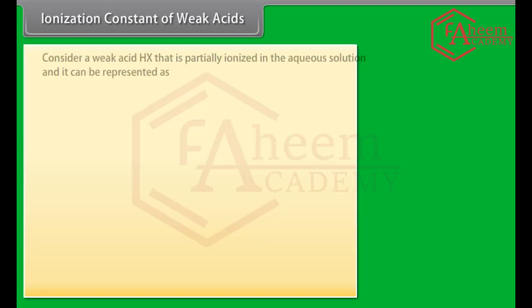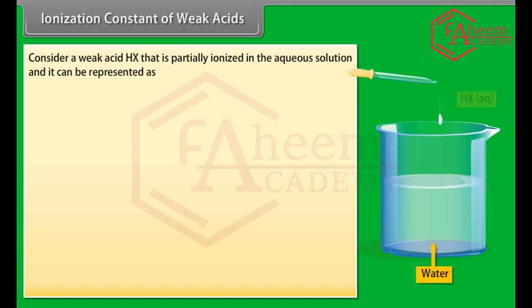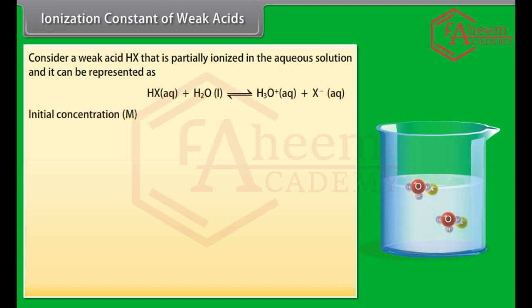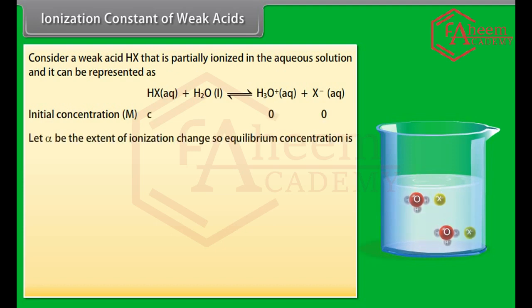Ionization constants of weak acids. Consider a weak acid HX that is partially ionized in the aqueous solution, and it can be represented as follows. Let initial concentration of HX be C. Let alpha be the extent of ionization, so equilibrium concentration of HX is C minus C alpha.